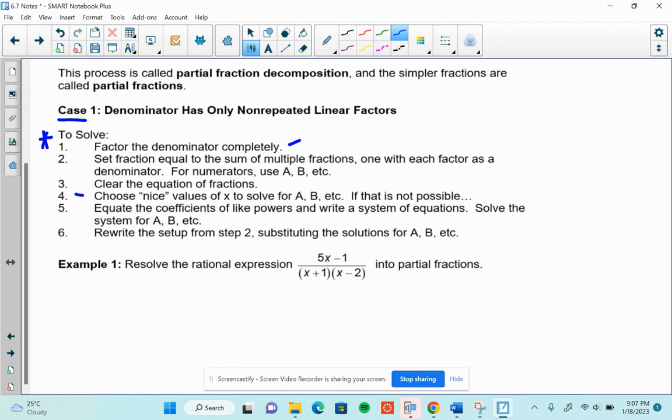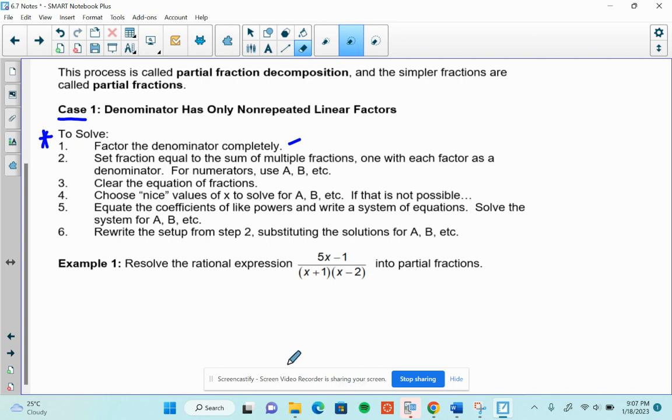Choose nice values of x to solve for a, b, c, however many you have. If that's not possible, you equate coefficients, write a system of equations, and then solve for these constants a, b, c, however many there are. And then you rewrite your fraction with the constants a, b, and c, whatever we have in place. And we'll do examples to clarify all this.